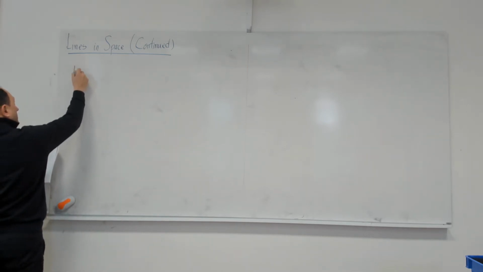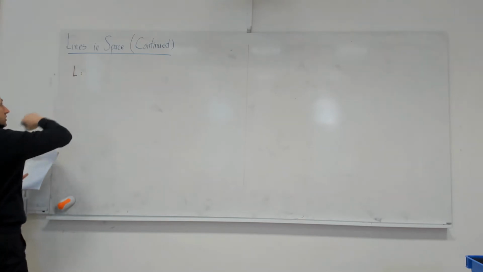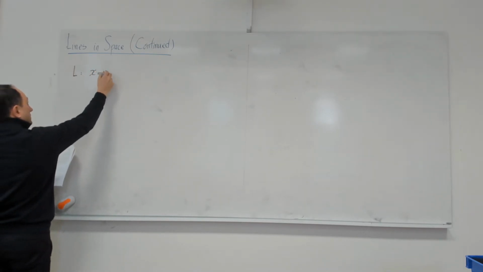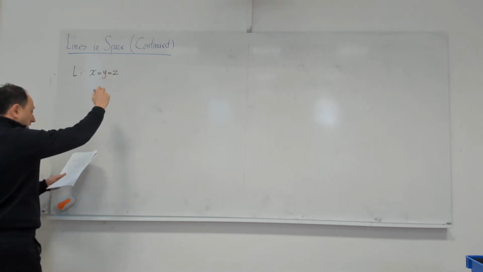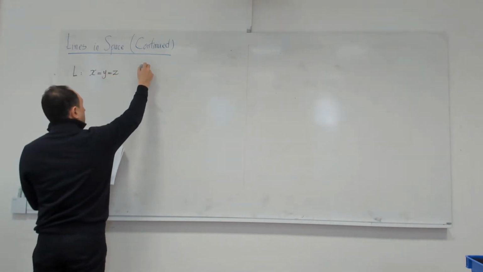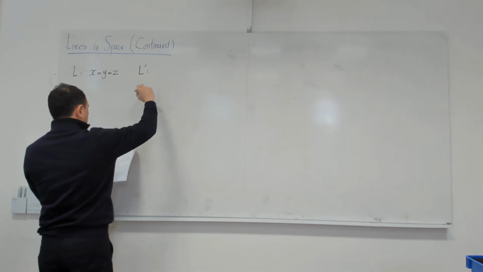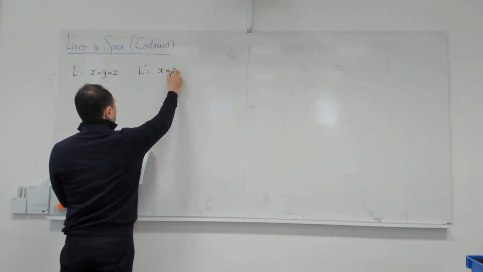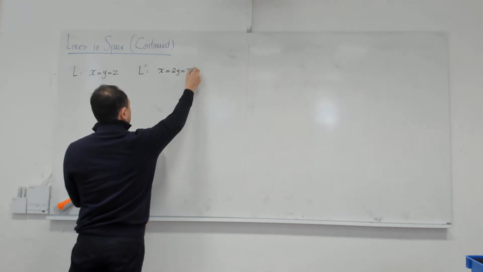So I have a line L. I don't remember exactly what I called it when I was writing it, but hopefully the equation was x equals y equals z. And then I had another line L prime, and the equation was given to be x equals 2y equals 3z.